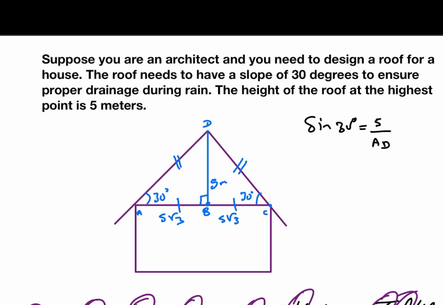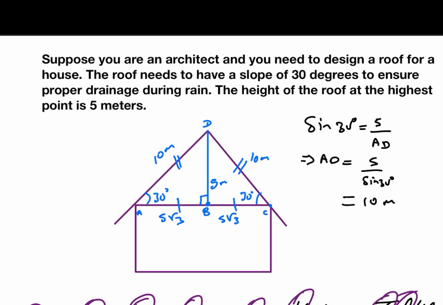Then you cross multiply again. So AD is equal to 5 over sine 30 degrees, which is equal to 10 meters. Let me know if you get 10 meters for AD. So if AD is 10 meters, therefore DC is 10 meters.